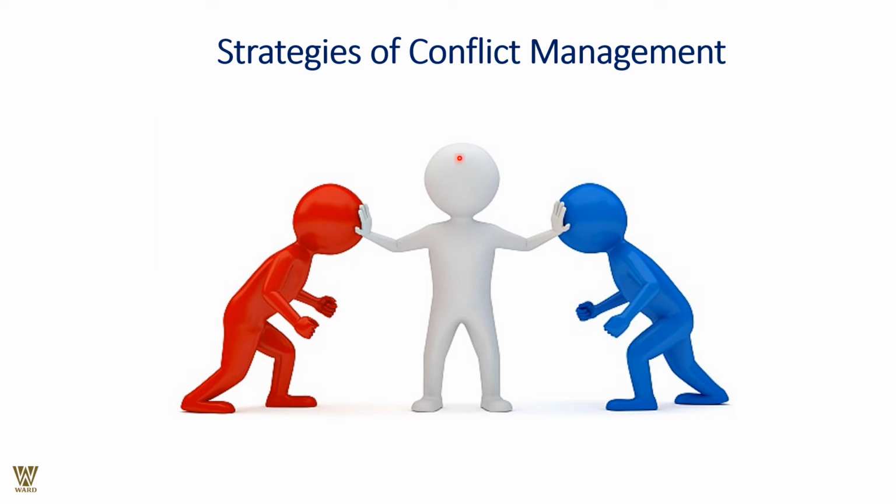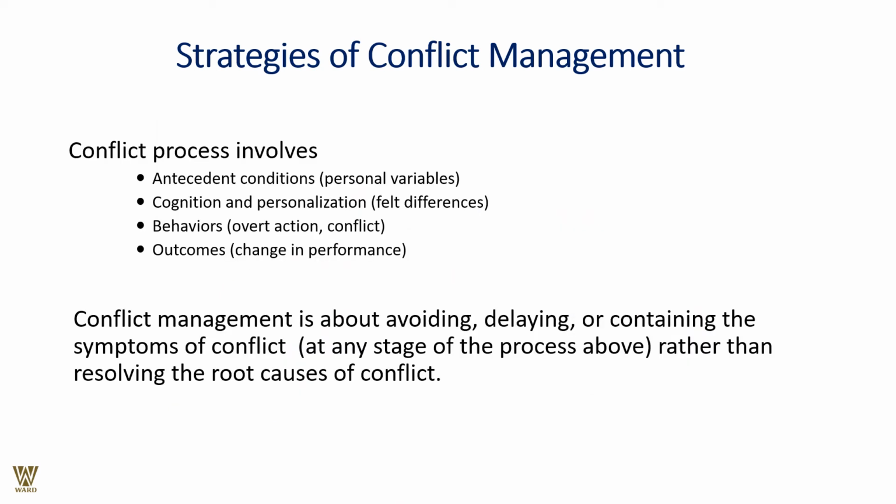Now let us understand what the strategy is to be maintained by this particular situation, person, or concern, to avoid conflict between two different opposing points of view, values, and ethics. So strategies for conflict management.